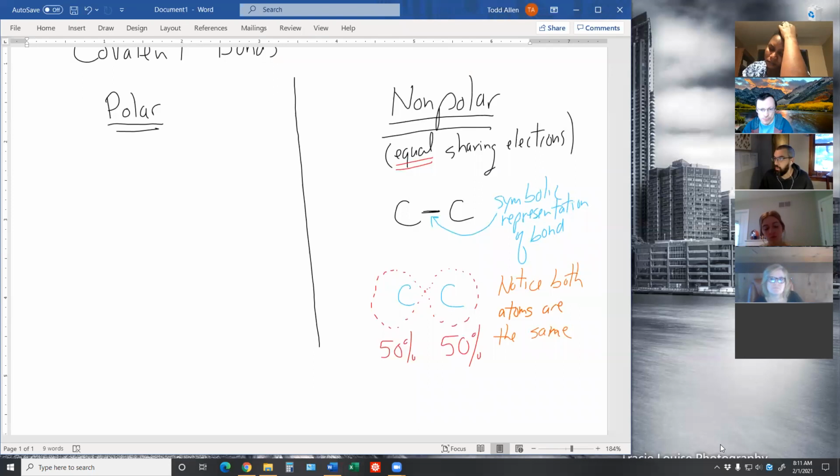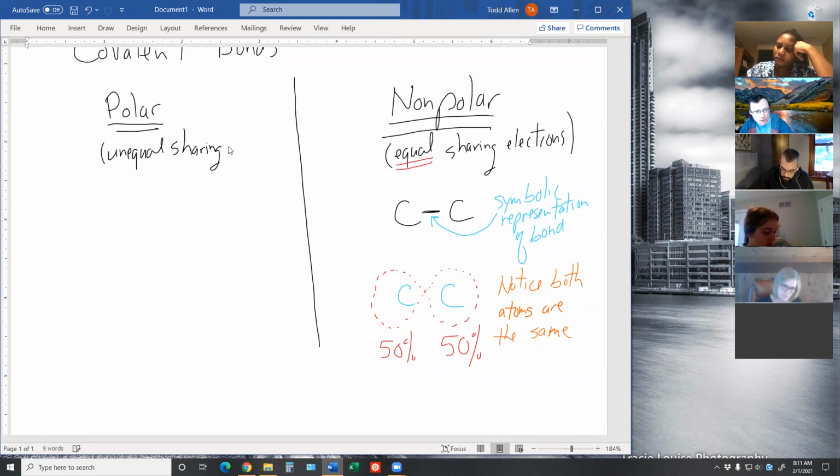Okay, let's continue. On the polar side of things, so the left side of our screen here, you can have bonds that are covalent due to an unequal sharing of electrons. Unequal.